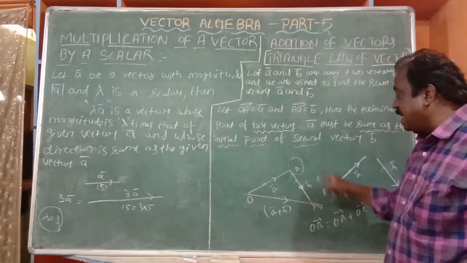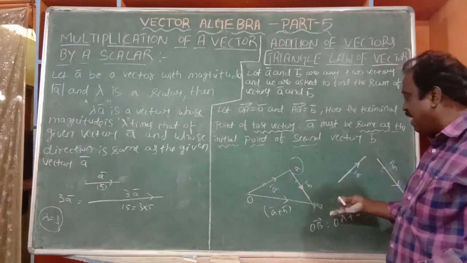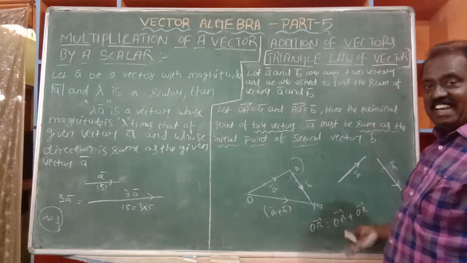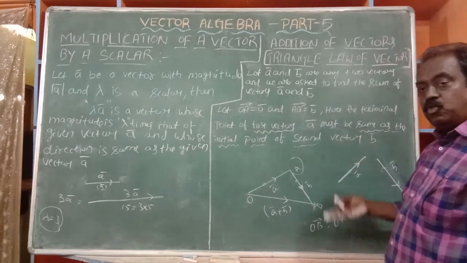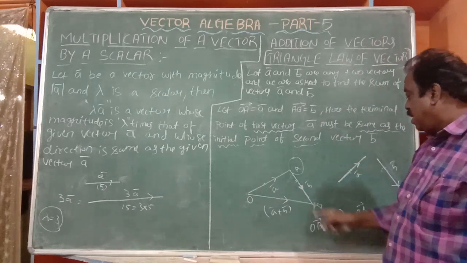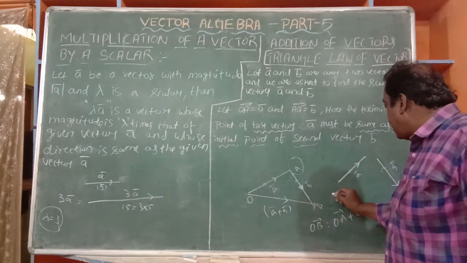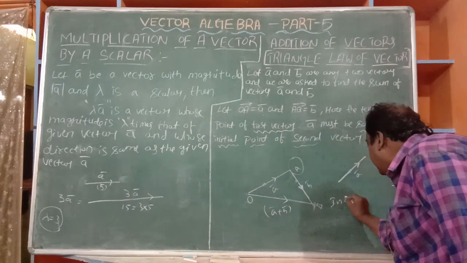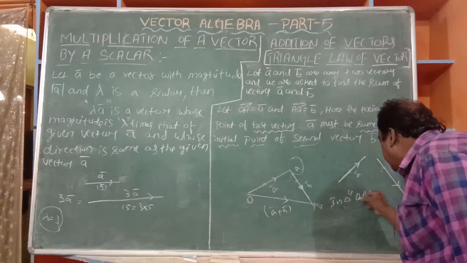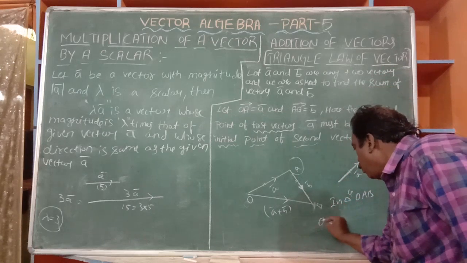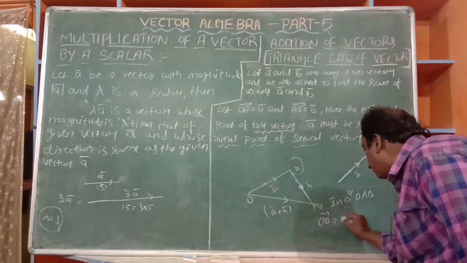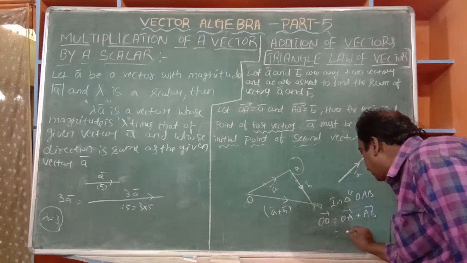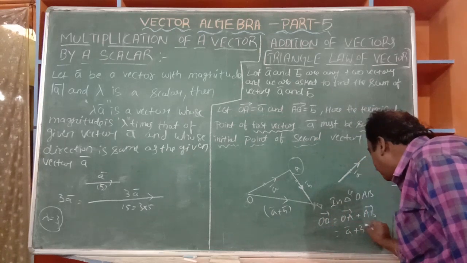By using the triangle law, here it is in the triangle. OAB is a triangle. That is why it is called the triangle law. By using this diagram, you mention everything. Now OB bar in the triangle, you have to write it very clearly. In the triangle OAB, OB bar is equal to OA bar plus AB bar, that is A bar plus B bar.